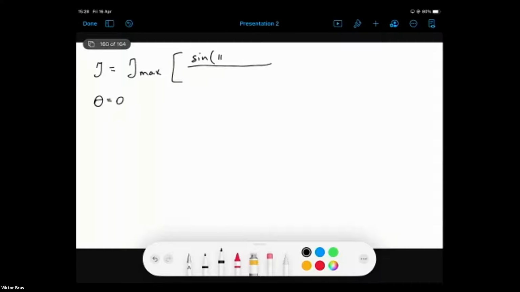sine of pi times a, which is the width of the slit, times sine theta, all divided by lambda.